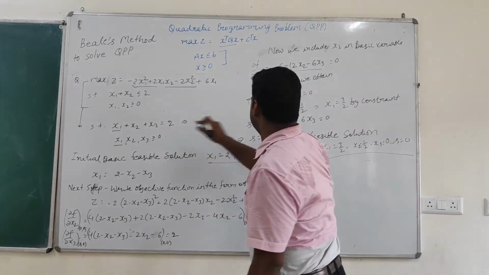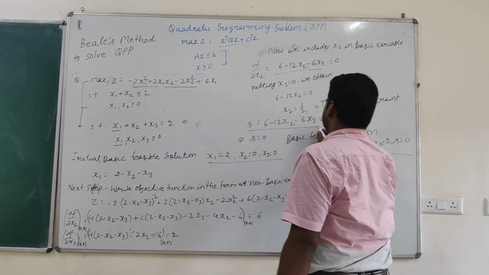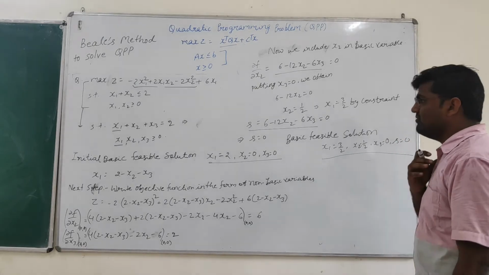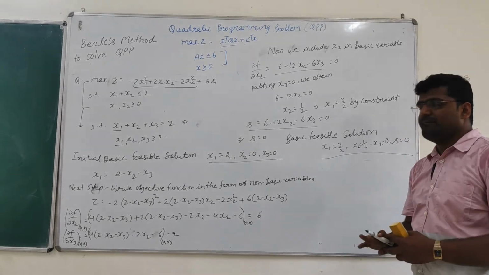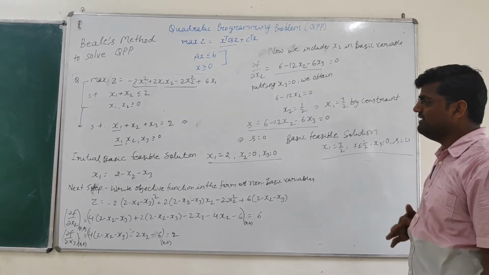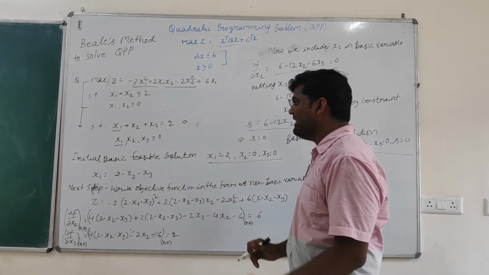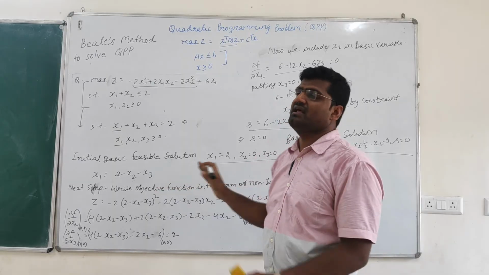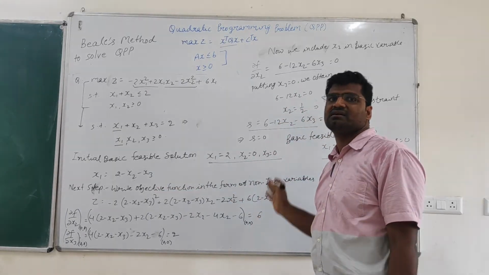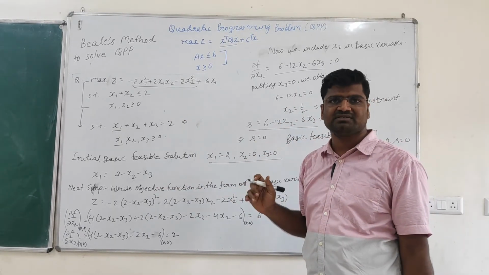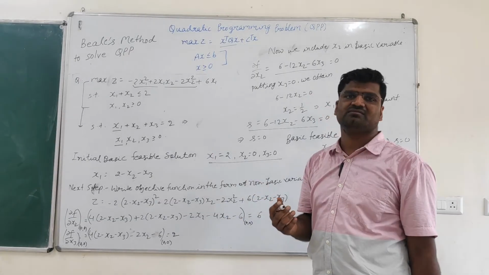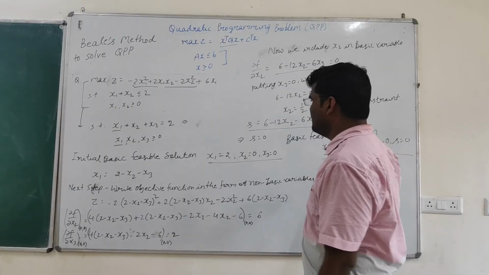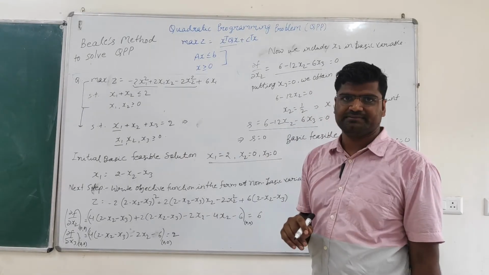One constraint is given here and this is my other constraint. Now we will repeat the process. What we have done here is written the basic variables in terms of non-basic variables, then substituted them in the objective function, and then differentiated the objective function with respect to its variables. Okay. So we will do the same again.